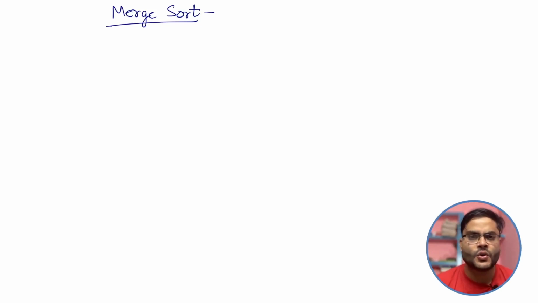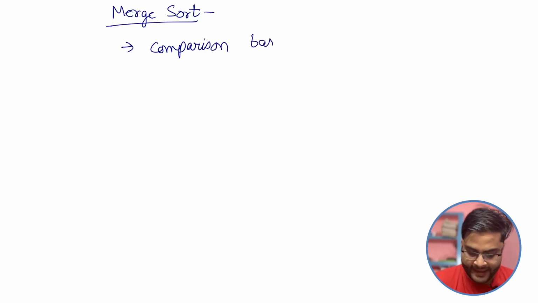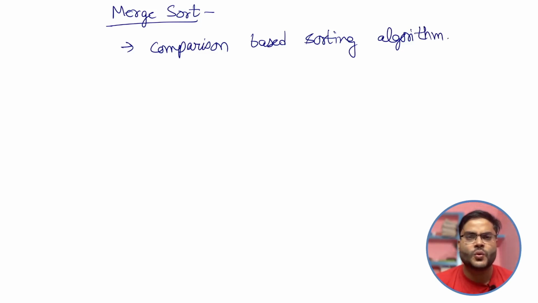So let's start with what is merge sort. It is nothing but a comparison based sorting algorithm. What we do in merge sort is we compare the elements and then sort.